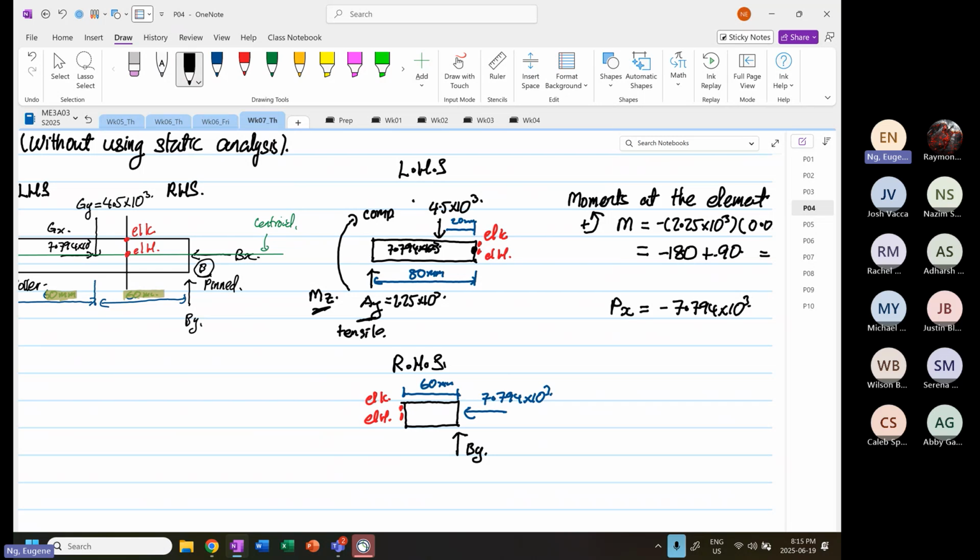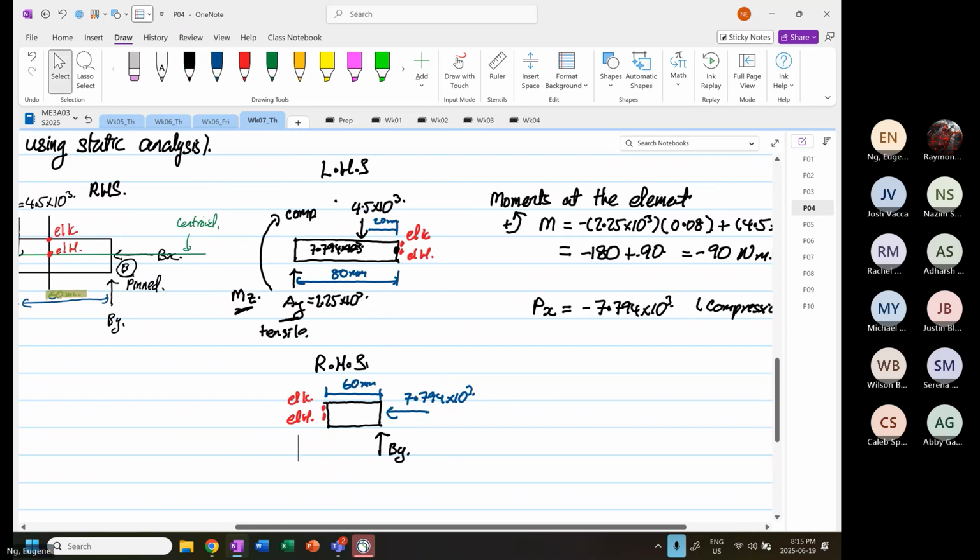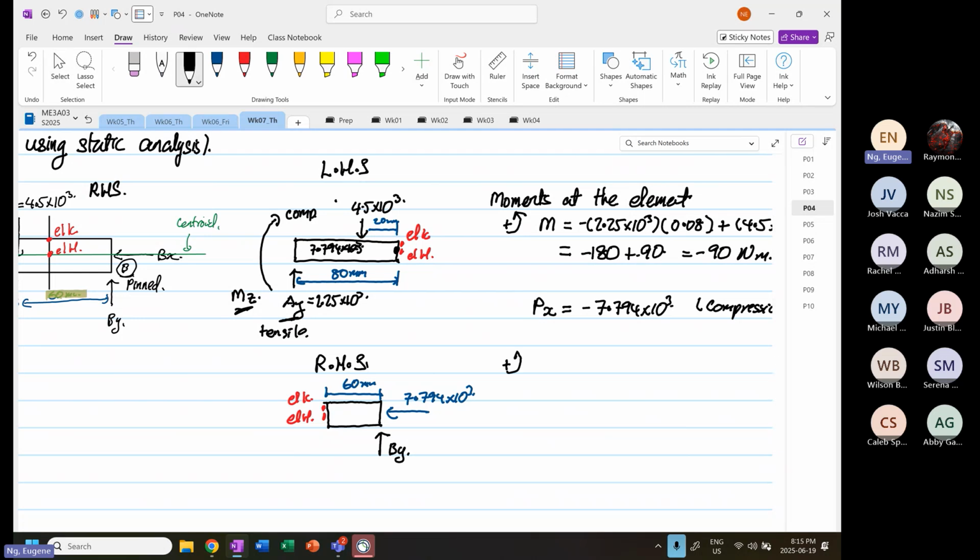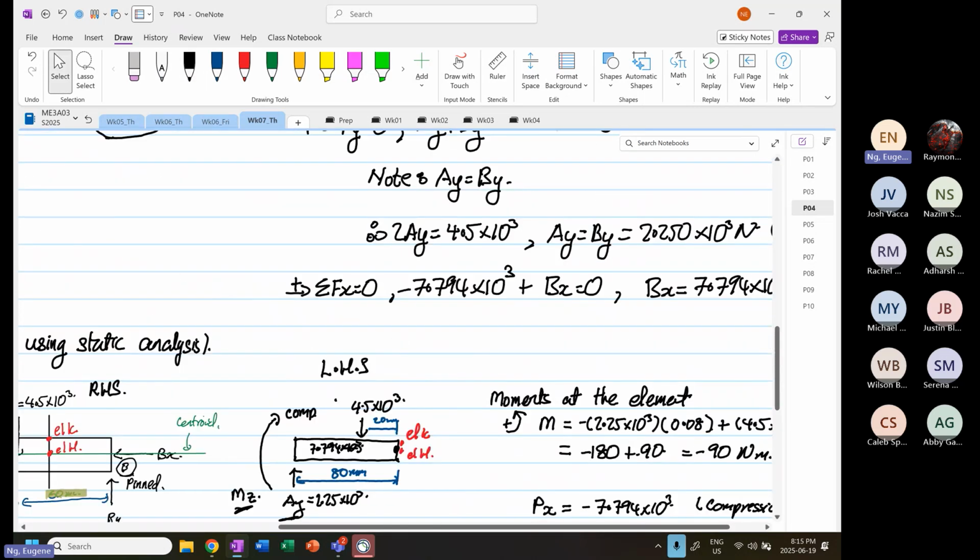So we know now, again, it's up to you, okay? I'm going to now take anti-clockwise as positive. So the moment now will be equal to By, which is equal to 2.25 times 10 to the power 3 multiplied by a distance. Let me check. I don't think it's 0.6.